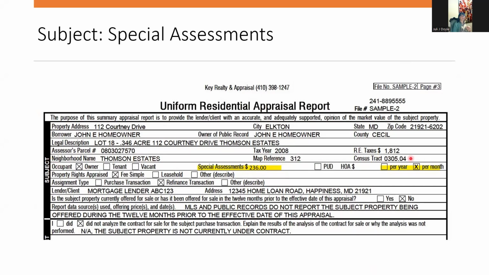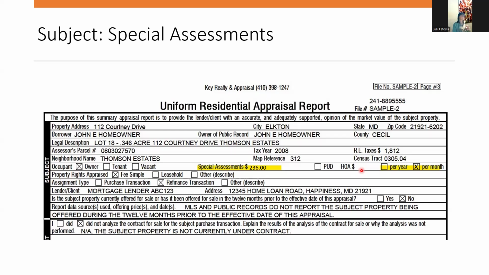And it's going to be over here next to occupancy and HOA. Now, I am huge about HOA fees. I'm huge about special assessments. And the reason why is because those are things that move that DTI. You know what I mean?